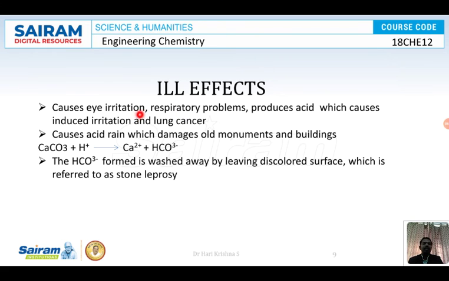The main ill effects are eye irritation and respiratory problems; it produces acid which causes irritation and lung cancer, and causes acid rain which damages old monuments and buildings, like sulfur dioxide. The bicarbonate formed is washed away, leaving a discolored surface, which is referred to as stone leprosy. So one of the major reasons for stone leprosy is acid rain. For acid rain, the main reasons are sulfur dioxide and oxides of nitrogen.